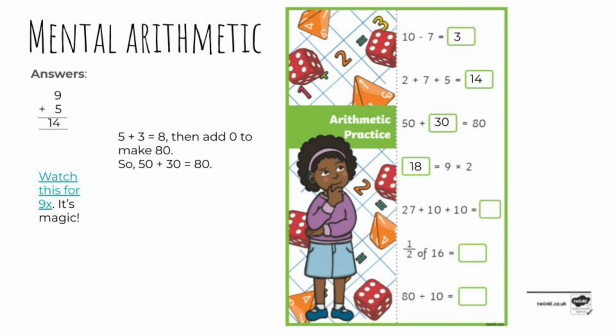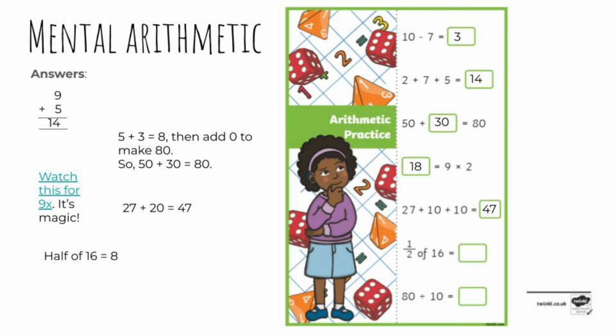Oh, there are 3 numbers to add in the next question. So let's join them together. 10 plus 10 is 20. 27 plus 20 equals 47. Well done. Okay, half of 16. Remember, we can divide by 2.